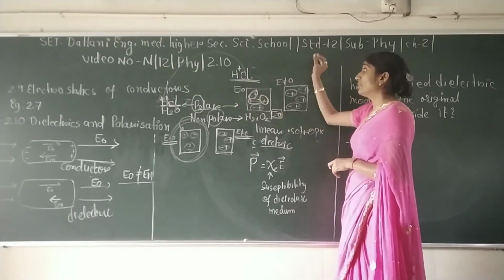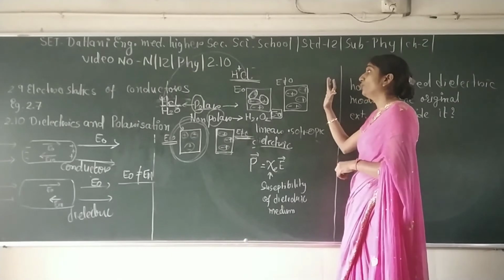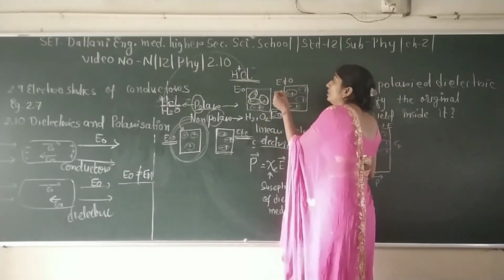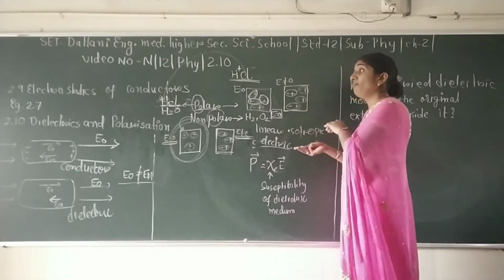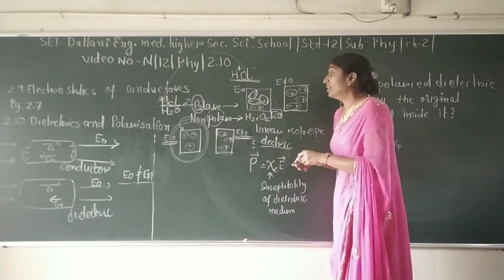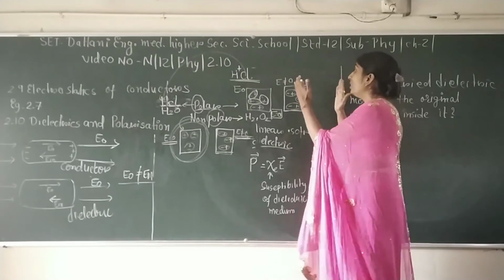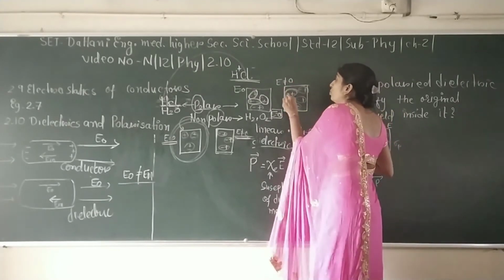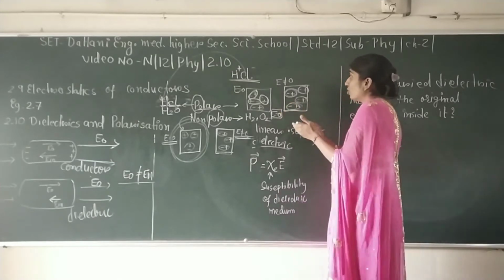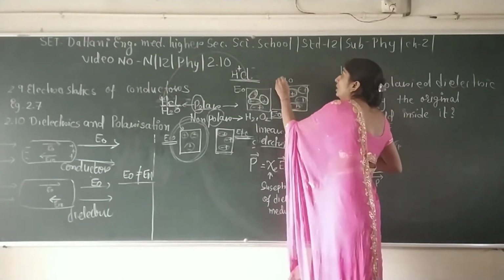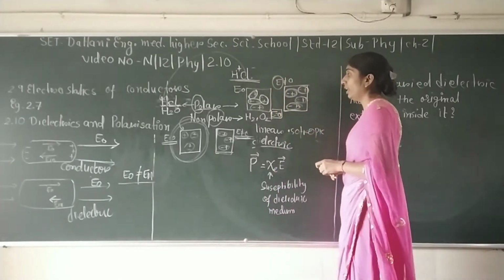What if an external electric field is applied to it? It will try to reduce the effect of the external electric field, and by doing so the dipoles align themselves in a way that is opposite to the direction of the given external electric field.